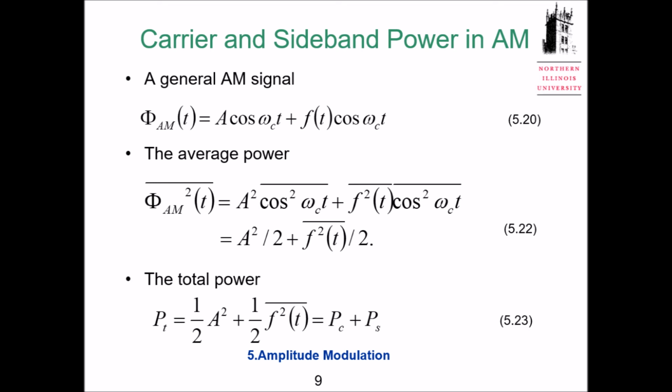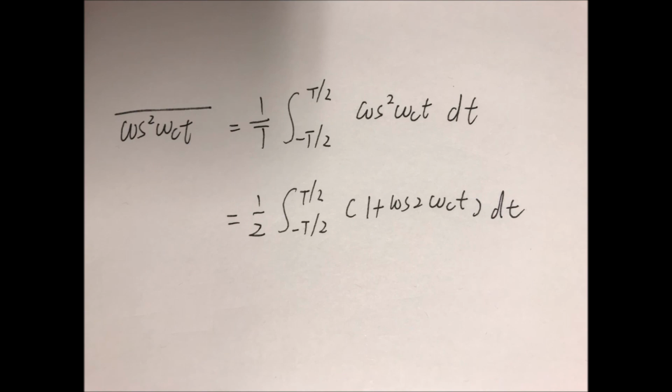This one we know is a squared times cosine squared omega ct, which will be half of 1 plus cosine 2 omega ct, right? We know cosine 2 omega ct integrated over periods gives 0, so we get half.